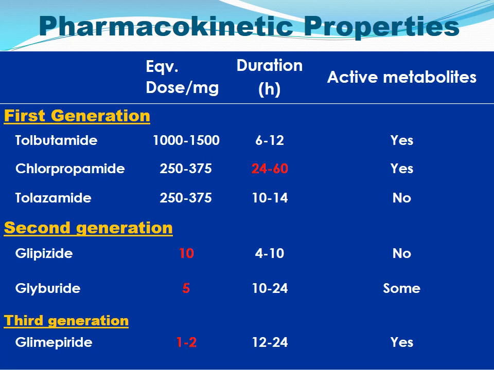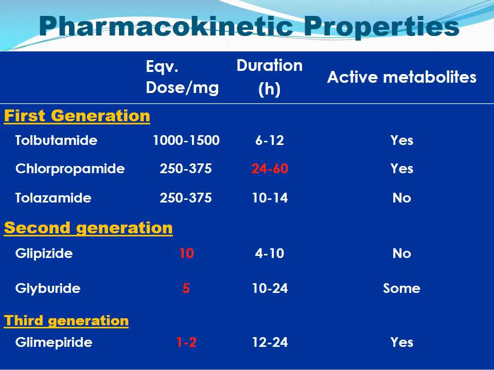Duration of action: tolbutamide has the shortest duration of action among these drugs, about 6 to 12 hours, and is metabolized to an active metabolite. Chlorpropamide has a very long duration of action, about 24 to 60 hours, which will increase the risk of hypoglycemia during sleep. So it's not recommended nowadays for use.